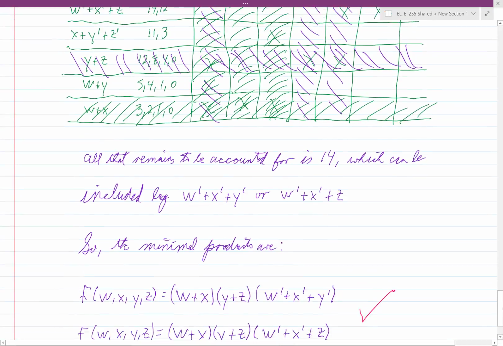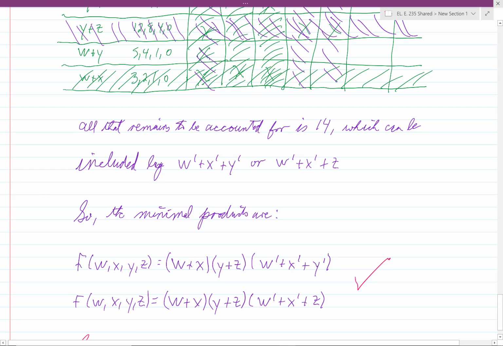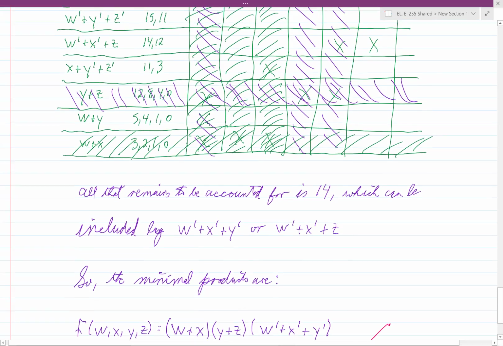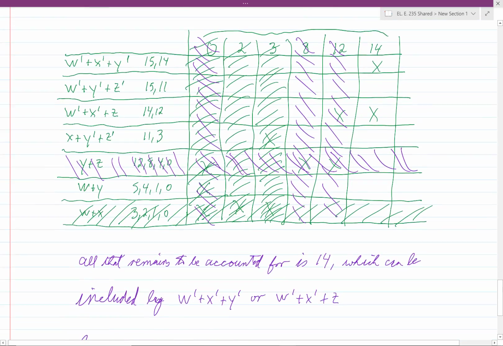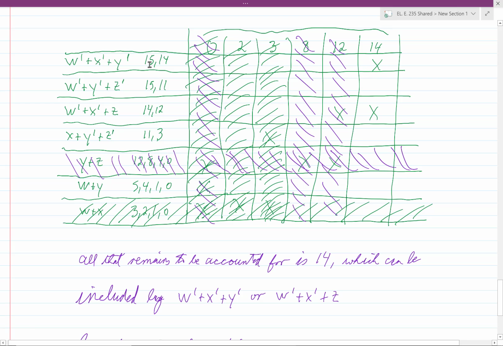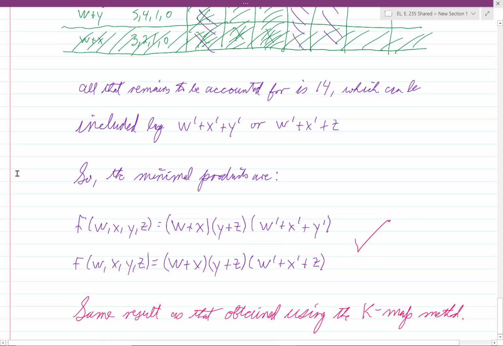Here are our two essential prime implicates, the W or X, which is on the bottom, and Y or Z right there. As usual, the essential prime implicates have to be in every minimal product. And then, as I said a moment ago, the two ways that we can account for that max term 14 are by including either W prime or X prime or Y prime, or W prime or X prime or Z. So that's what we have here.